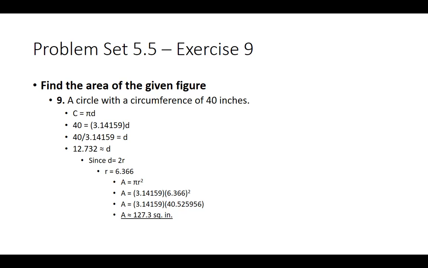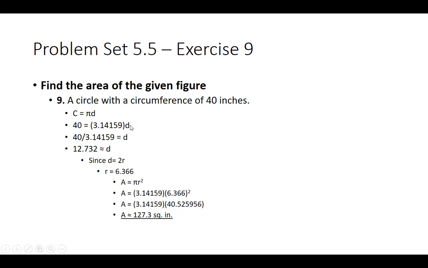We know that circumference is pi times the diameter, so let's set that up. The circumference is 40. For pi, we're going to use 3.14159. So we have 40 equals 3.14159 times d.